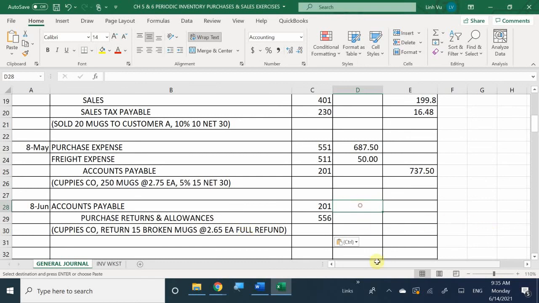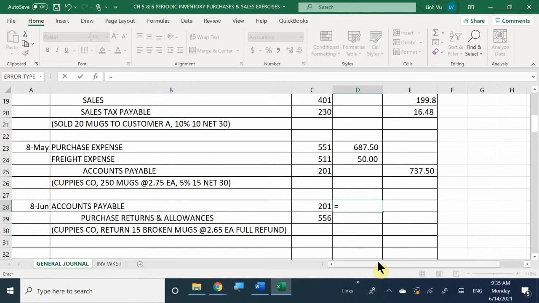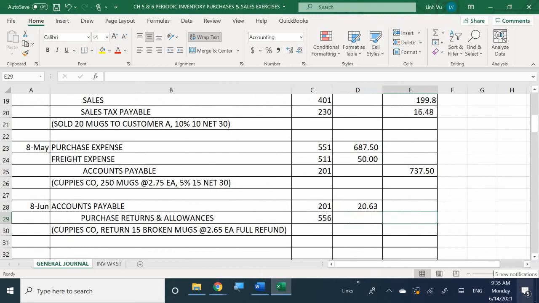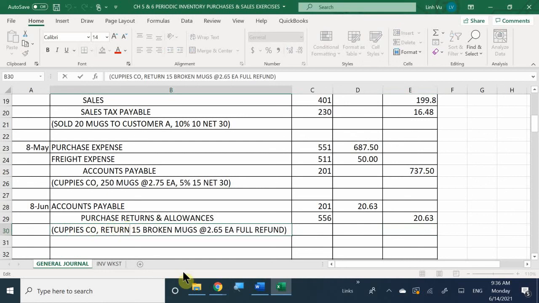All right. So in this case, what was my total amount that I got refunded for? Was it $20.63? That's correct. Okay. And of course, I'm going to change up my description here.